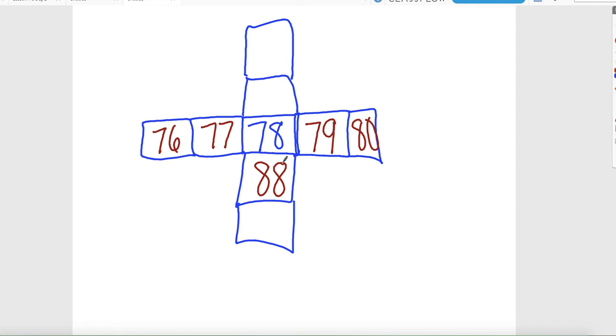Now, if I went from 78 to 88, and I want to go 10 more than 88, Angelina, what is it going to be? Which number, starting again? I went from 78 to 88, and now I need to go 10 more. Look at the number grid. Use your number grid.